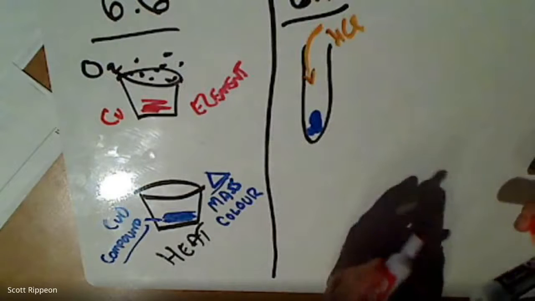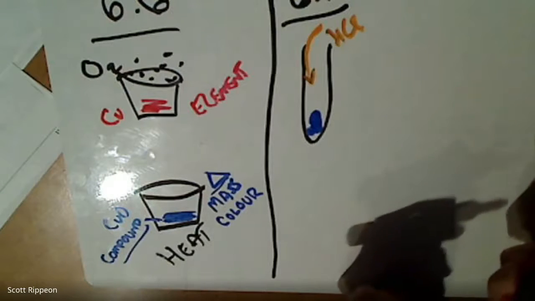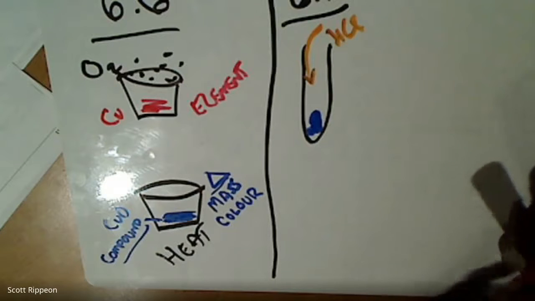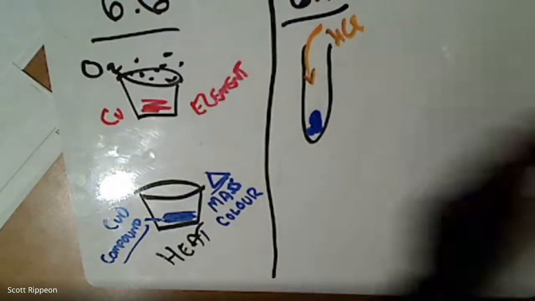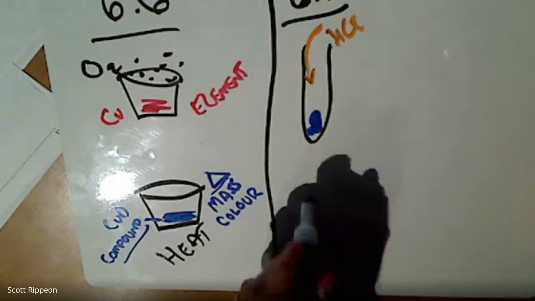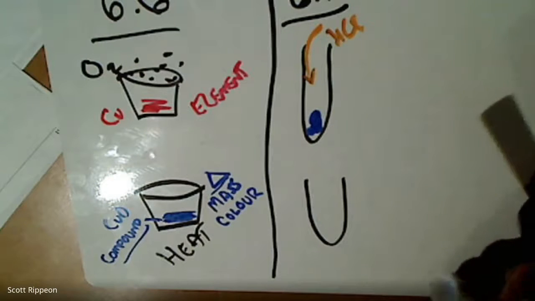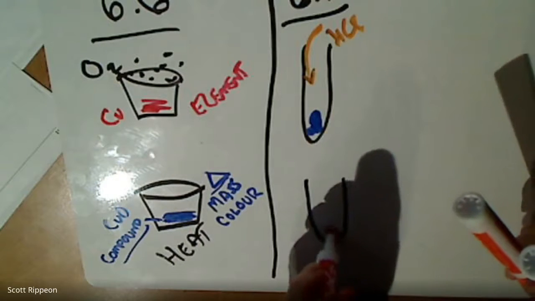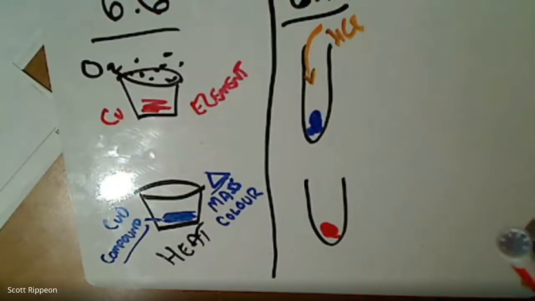And we demonstrated that hydrochloric acid won't dissolve copper, but it will dissolve copper oxide. And so what we found was that after we put the hydrochloric acid in with that solid, we had some red left.